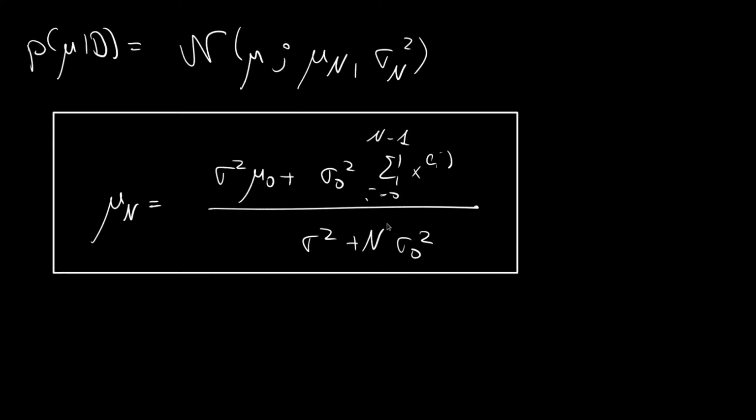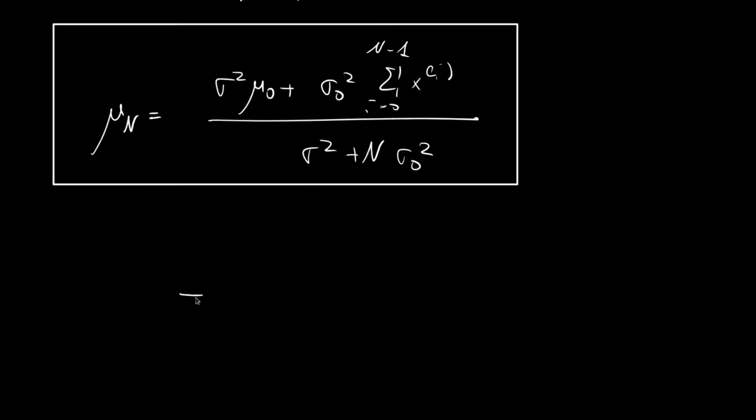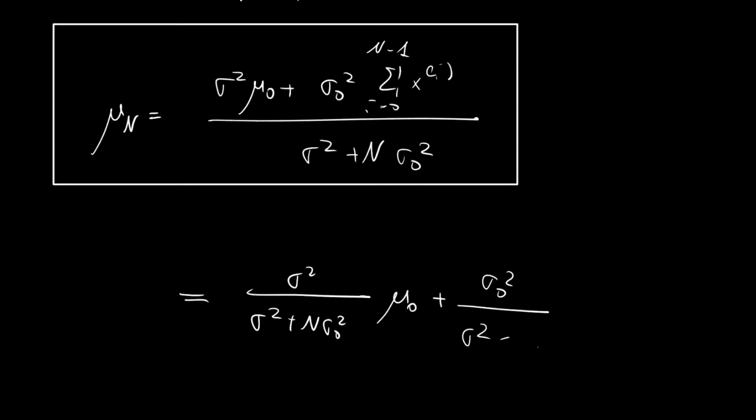Let us look at it a little bit in detail. If we break out the summation in the numerator, this is equal to sigma squared over sigma squared plus n sigma 0 squared times mu 0 plus sigma 0 squared over sigma squared plus n sigma 0 squared times the summation.